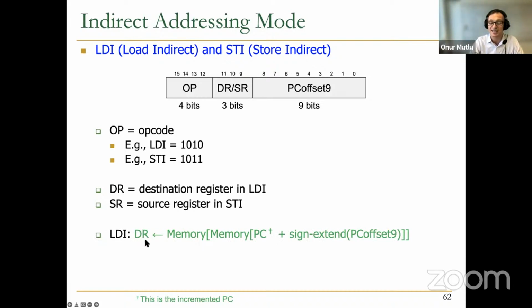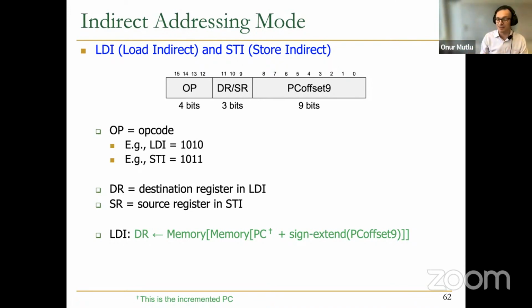So destination register gets the value by accessing memory twice. First, we have the PC relative addressing, PC plus sign extended offset, just like we did earlier. We calculate that address. We go to that memory location. We take the value in the memory location, interpret it as an address, and go to the memory location with that address again, and then get the value in that memory location.